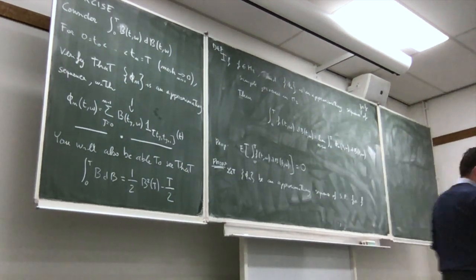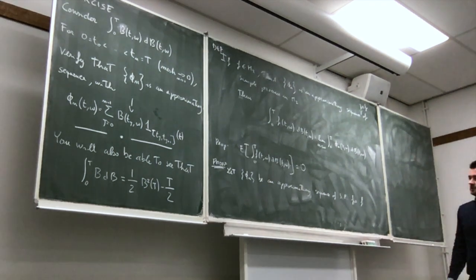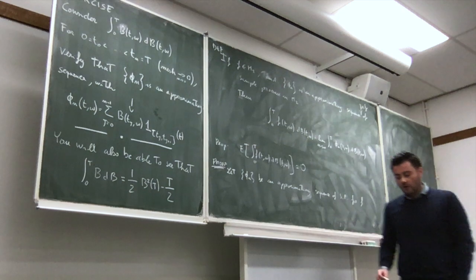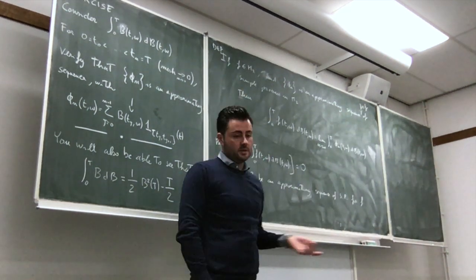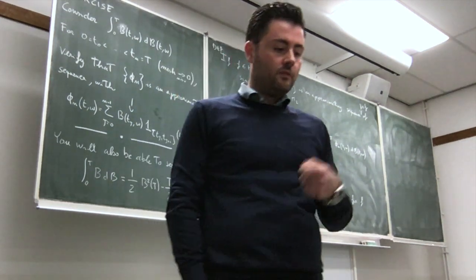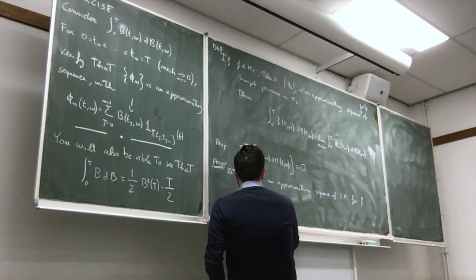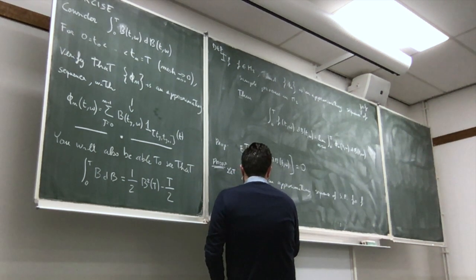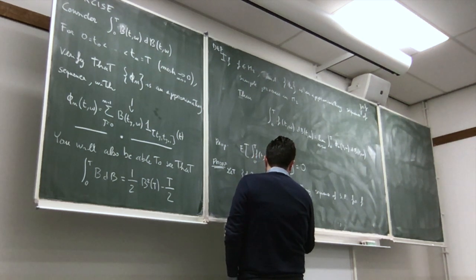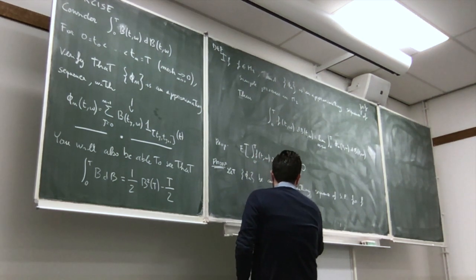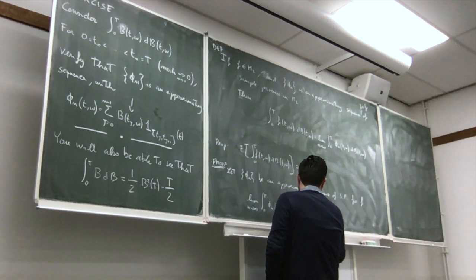Even if I don't say that, we are always in the M2 class. So it's an approximating sequence of simple processes for f. Now, what do I know? Exploiting essentially the definition of our Ito integral, the limit for n tending to infinity of the integral from 0 to t of phi_n dB is equal to the integral from 0 to t of f dB.